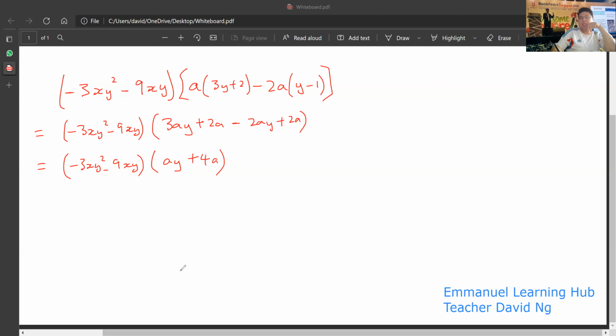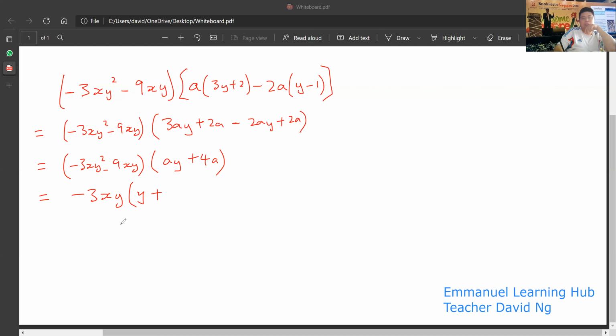Then after that, equal minus 3, bracket 1 minus 3xy. So bracket, then y, not 1. Oh yeah, y square. How could it be y square? You here got y square. I multiply in there, I got y square.